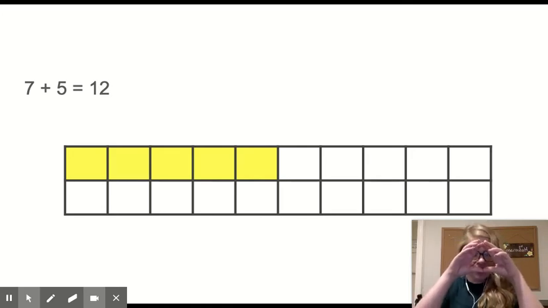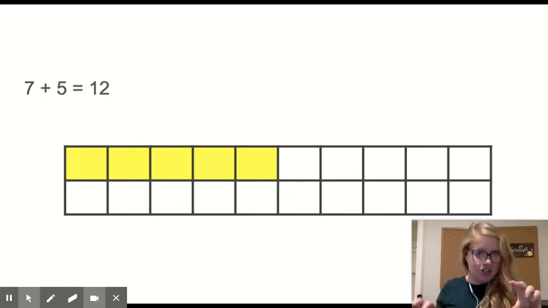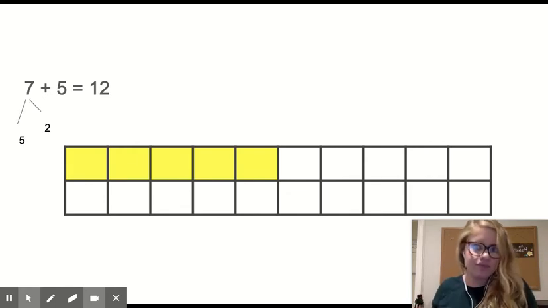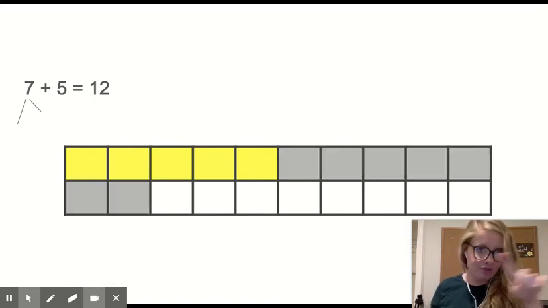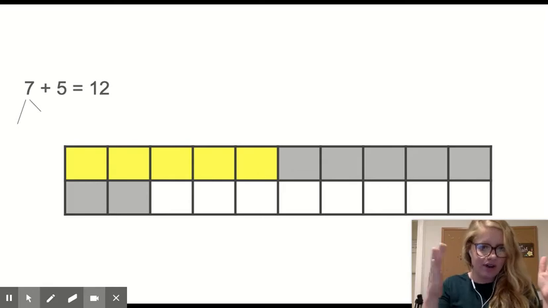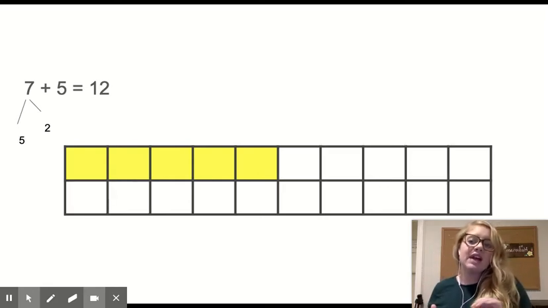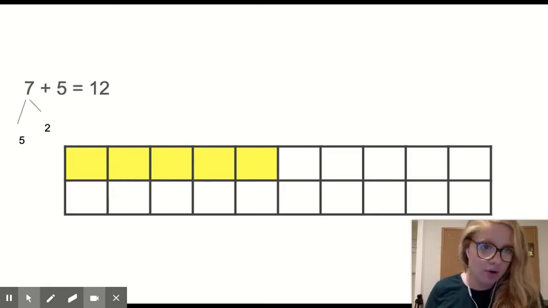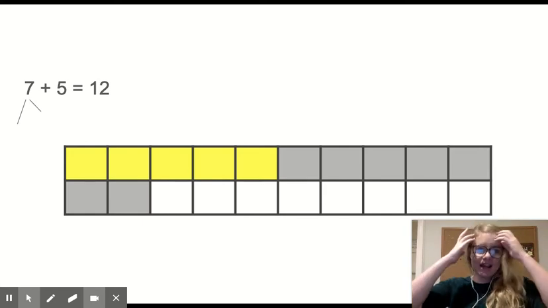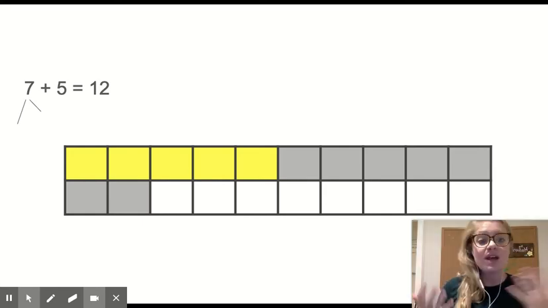So that 7 has to be broken up into a 5 and a 2. The first 5 are going to fill up that first bar, so we made 10 out of 5. But we don't want to forget that there are 2 left over that are going to go to our next bar. So we have 12.